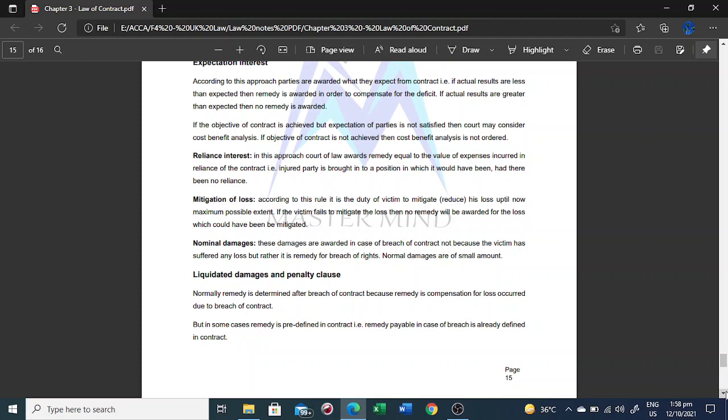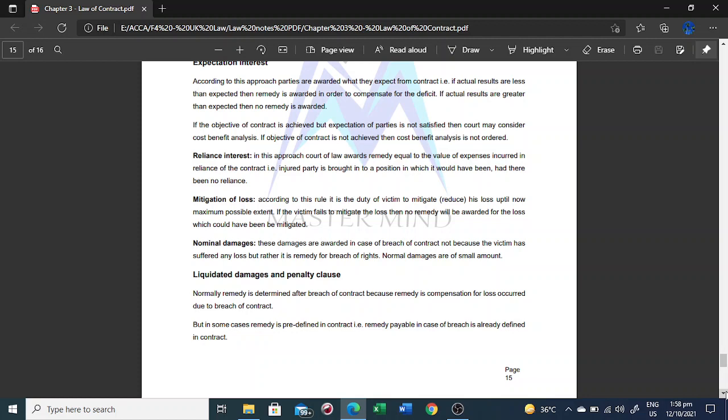Let's say the injured party does not have enough money to pursue the case, but they have taken loans from somebody in order to bring you to court so that they can get the remedies from you. So in that situation you have to pay a remedy equivalent to the amount of the whole case that they are bringing against you.